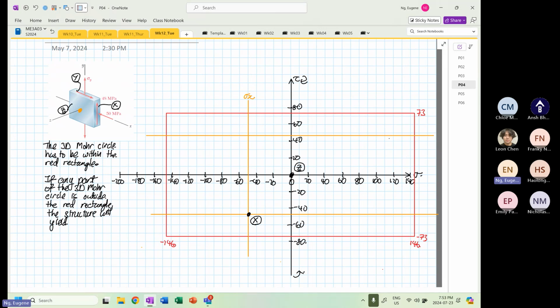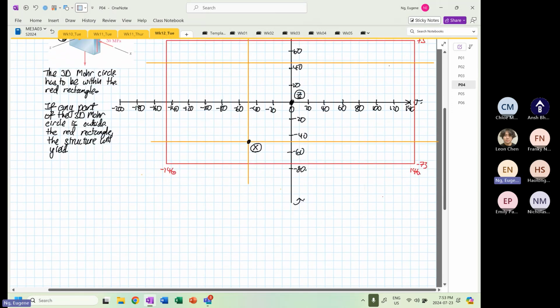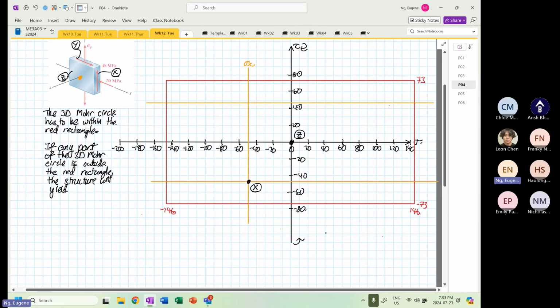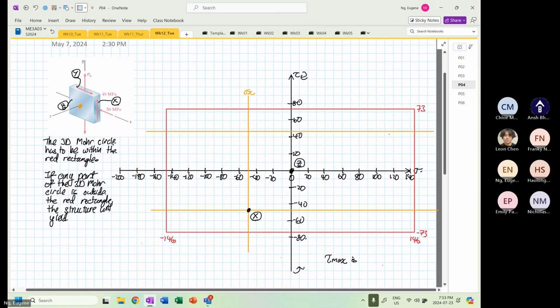The next thing we want to know: we know that tau max, I'm going to write this over here, tau max is given to us at 73 megapascal.